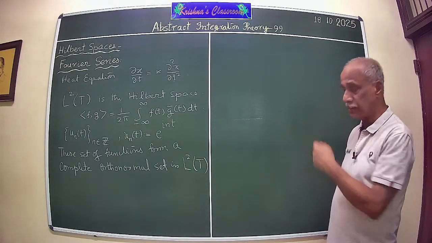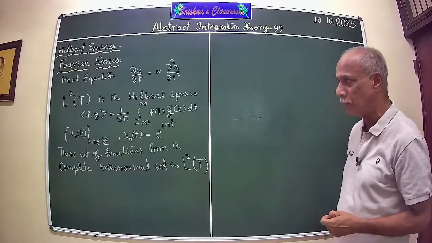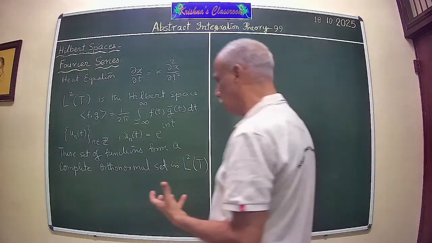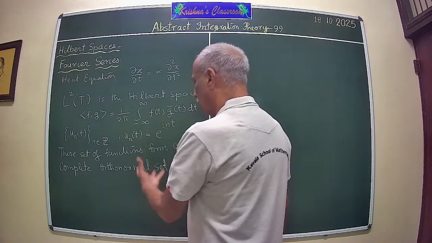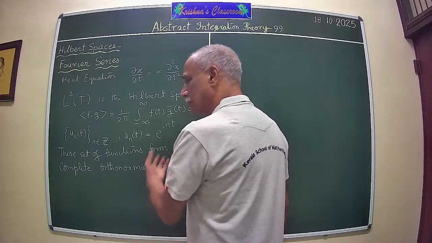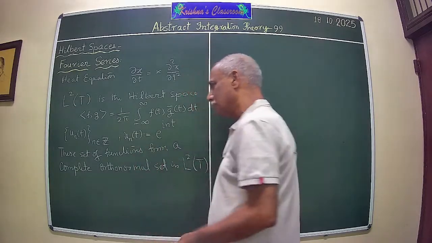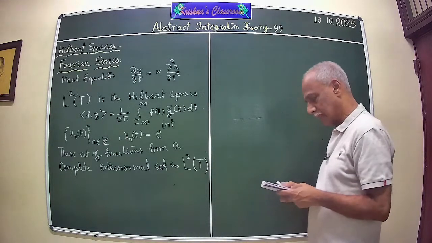Essentially, this is a very specific example, but in general, you have a Hilbert space, and then if you have a complete orthonormal set, then some nice results do follow. Okay, what are they? Let's see.